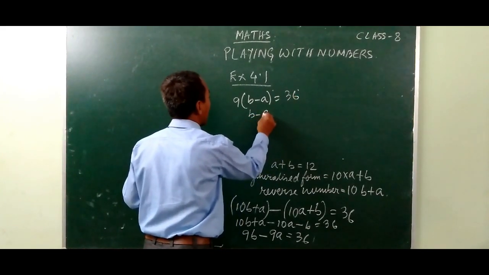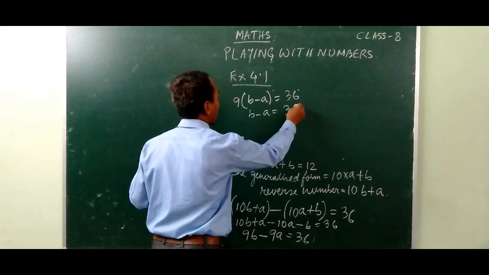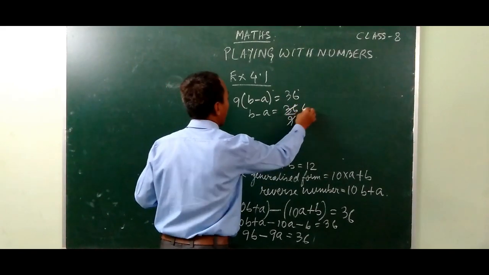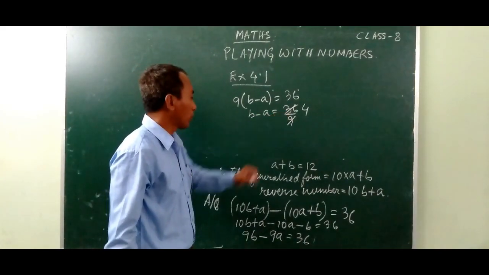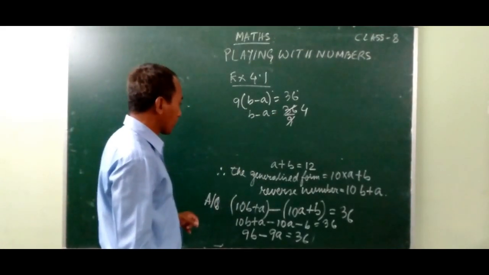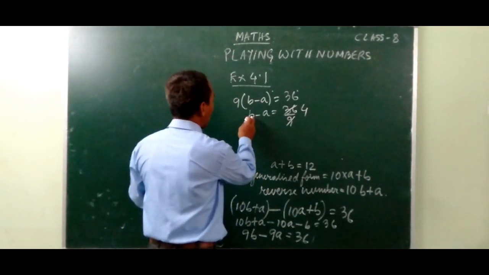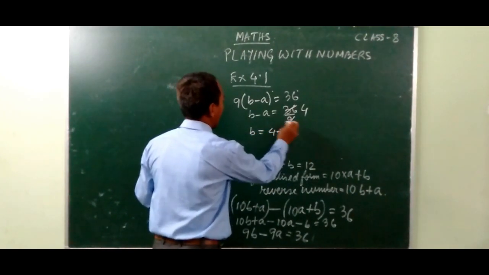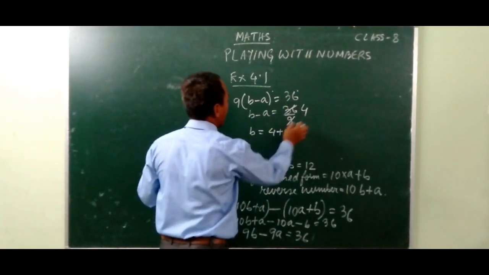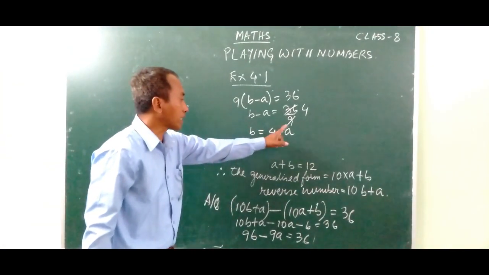So b minus a is how much? 36 divided by 9 is 4. So b minus a equals 4. Keeping b on one side, b equals 4 plus a.